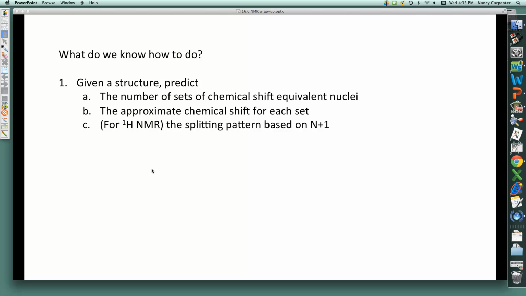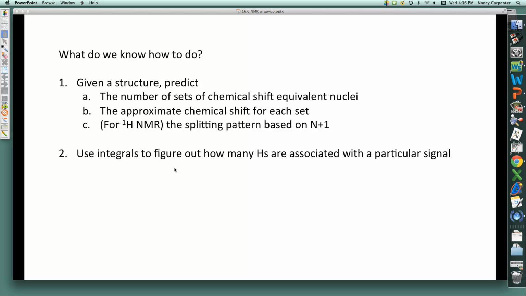We know how to predict, using our correlation chart, the approximate chemical shift for each of those sets. And then for proton NMR spectroscopy, which of course has been our focus thus far, we can now predict the splitting pattern based on the n+1 rule.